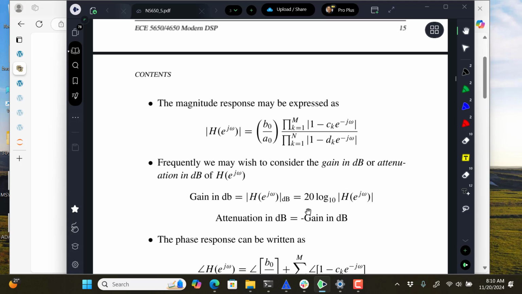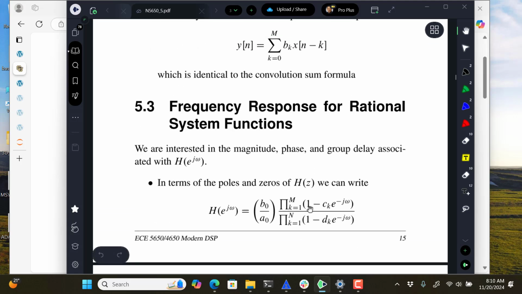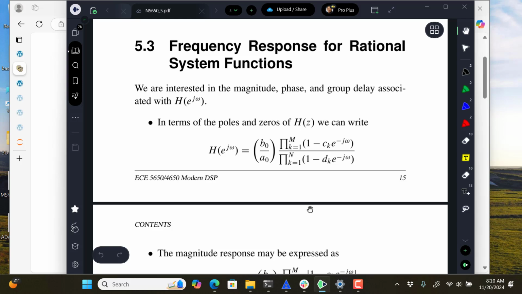One of the things we looked at just as we were leaving last week is frequency response for rational system functions. This is just looking at it as a ratio of polynomials taken from the Z domain and writing it out in terms of poles and zeros.